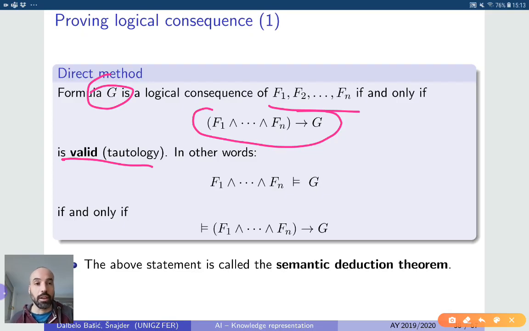If this formula is valid, or in other words, if it's true for every interpretation, then this exactly captures the definition of a logical consequence, right? Since in this case, G will be true whenever these guys here are true together, right?